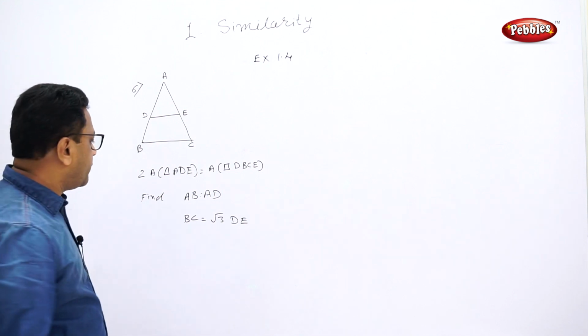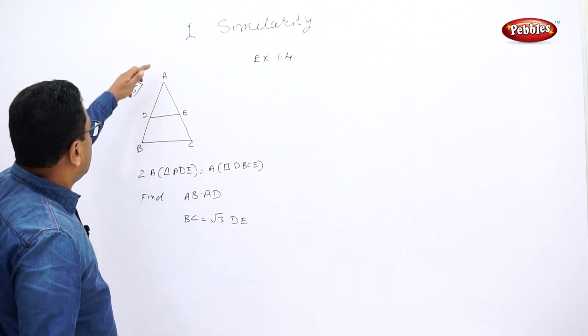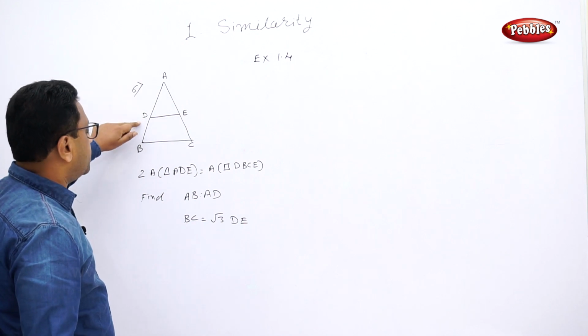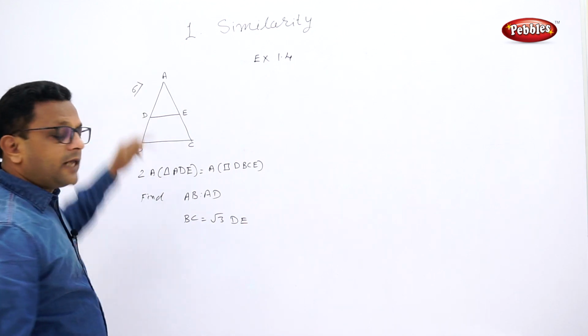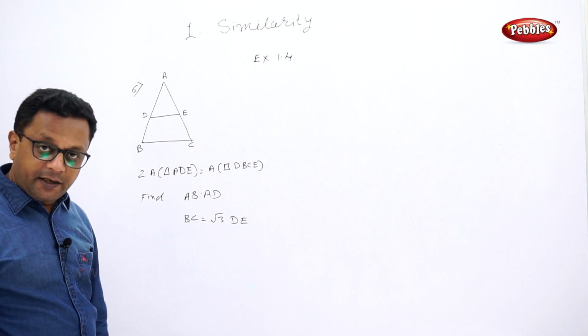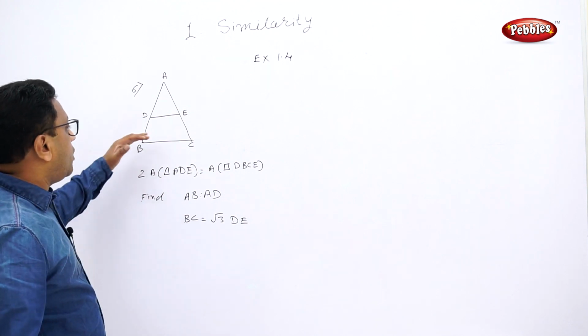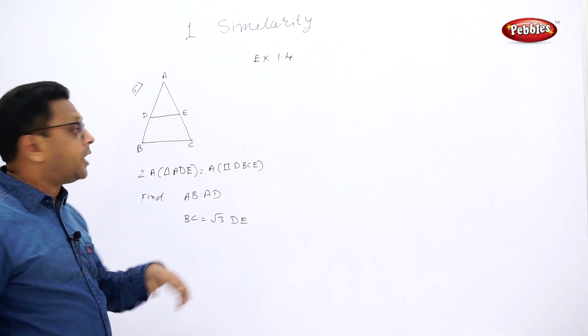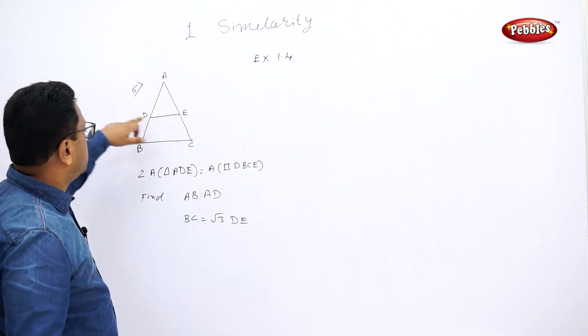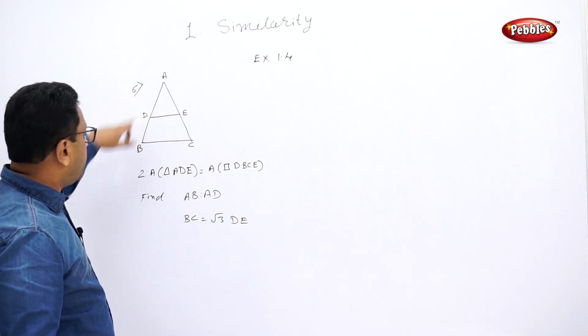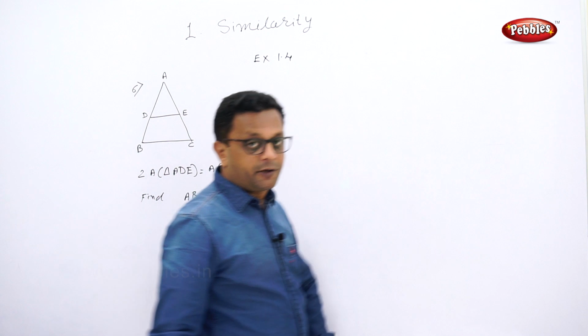First of all, it is very simple. AB upon AD we have to find. That means if we can find the ratio of the areas, first of all, we have to prove that this smaller triangle ADE and bigger triangle ABC are similar.